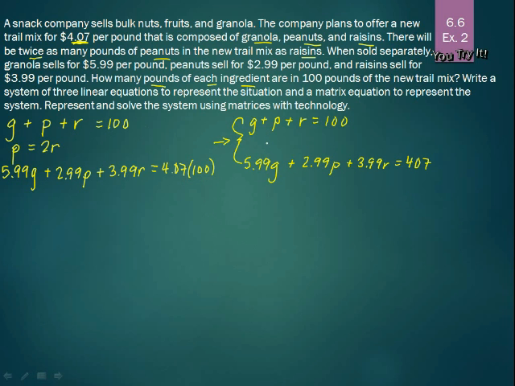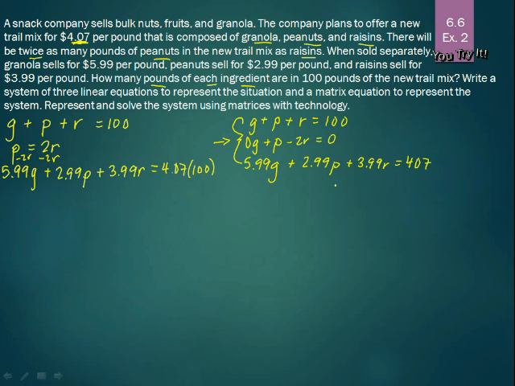And then for the middle equation, we don't have a G term, so we can put 0G there. Then we have one P term, and we also have a 2R, but it's on the other side. So let's move that over by subtracting 2R on each side. So minus 2R, and then equals, well, 2R minus 2R is 0.